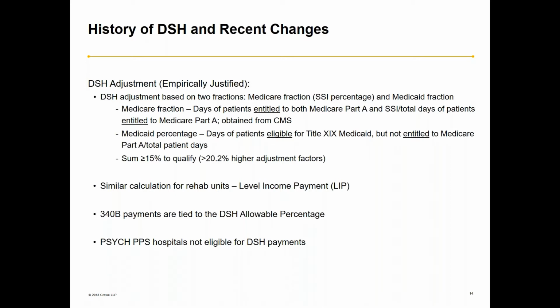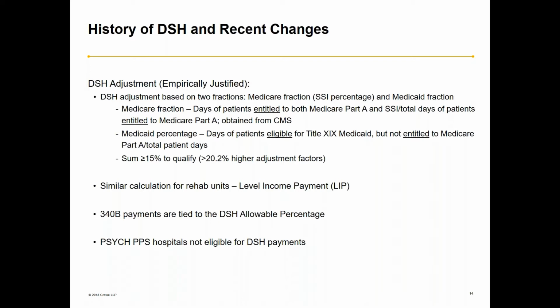So they want to make sure they're looking at their patient population and identifying all of their Medicaid eligible days, paid or unpaid days. And they want to make sure they're capturing any out-of-state days that may be part of the population.